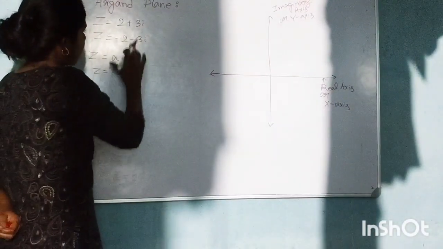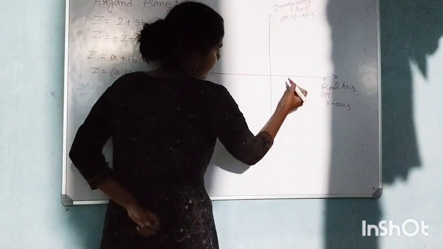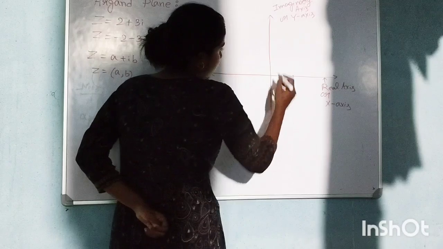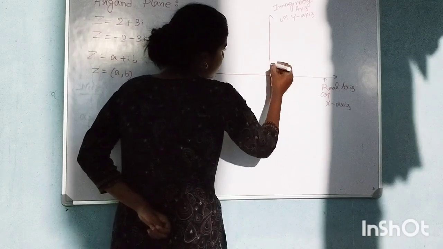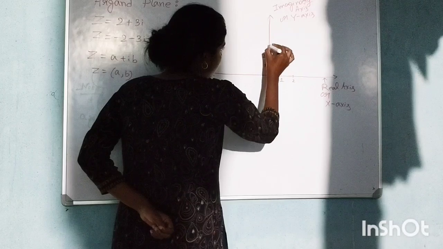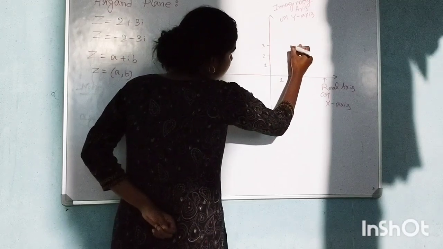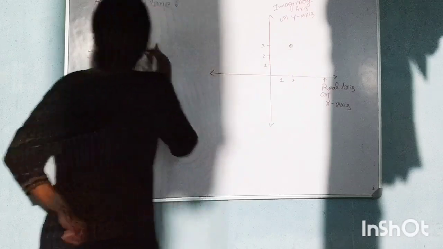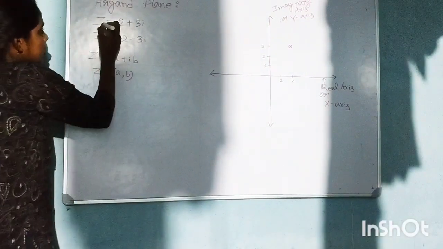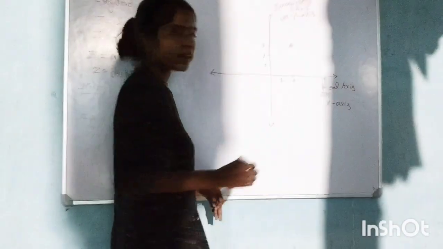So a comma b here is 2 comma 3. So x is 2, same as the Cartesian plane, 1, 2, 3. So here will be the point 2 comma 3. Let's say this is z1.